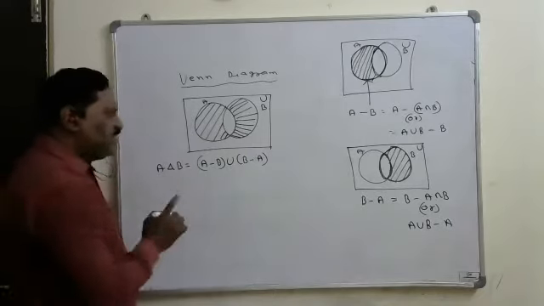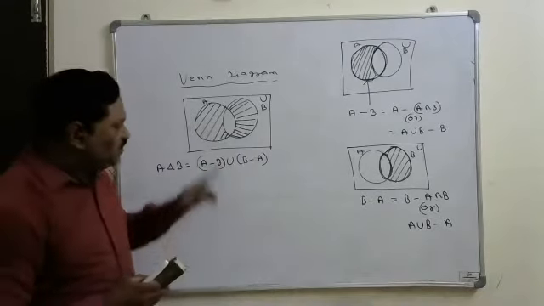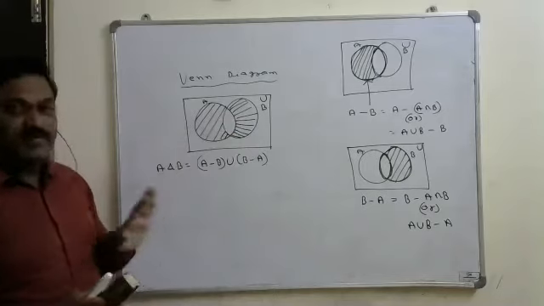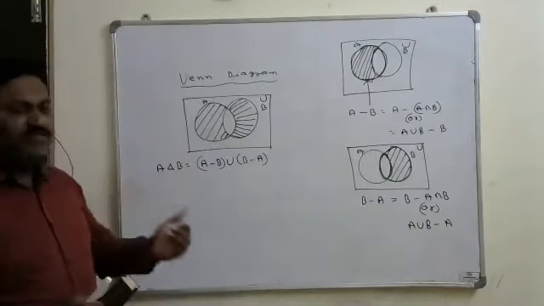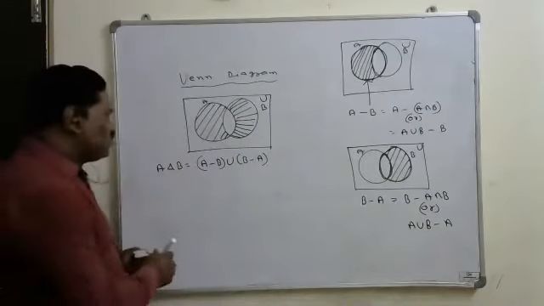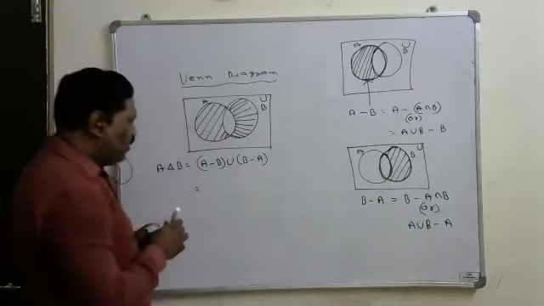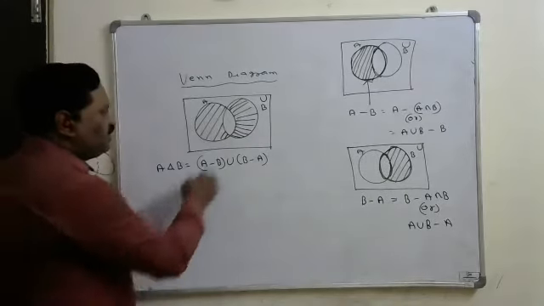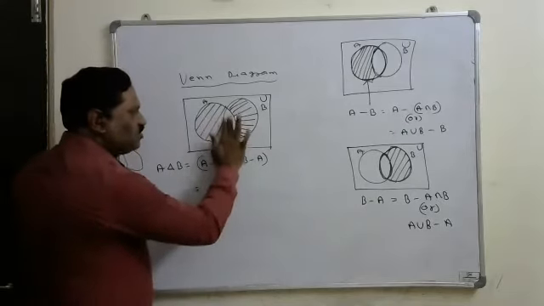That is called the symmetric difference of A and B, means this hashed area is going to be represented by the symmetric difference of A and B. Right. You can also write it like this. A minus B means from A, we separate this intersection part.